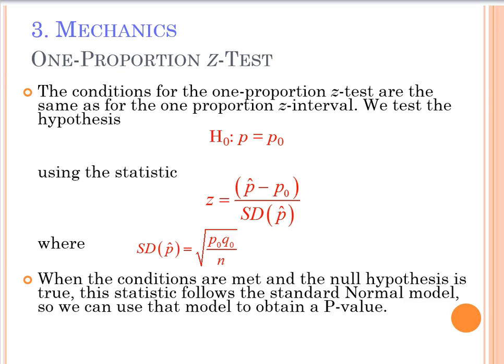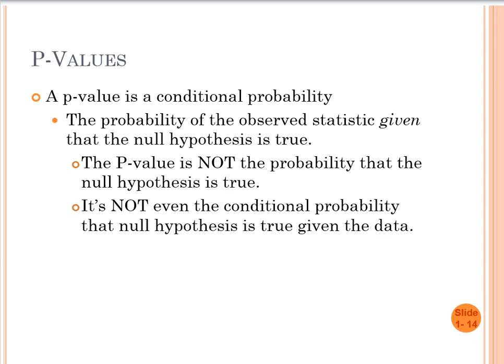This p-value then is a probability. It's a conditional probability, and it's the probability that we see the sample that we do, the observed statistic, given that the null hypothesis is true. Now, I've provided here two misinterpretations of that p-value that are really common in the practice of statistics.